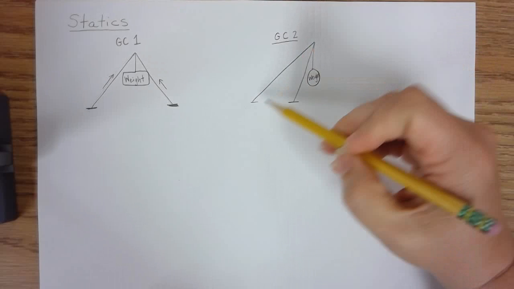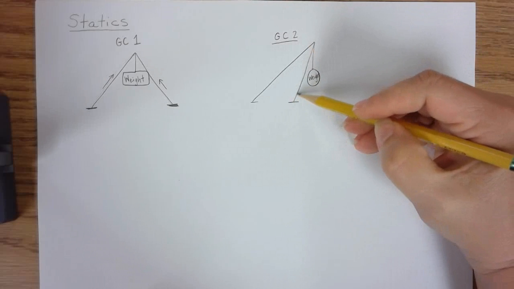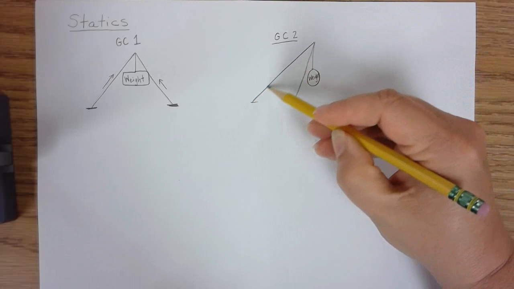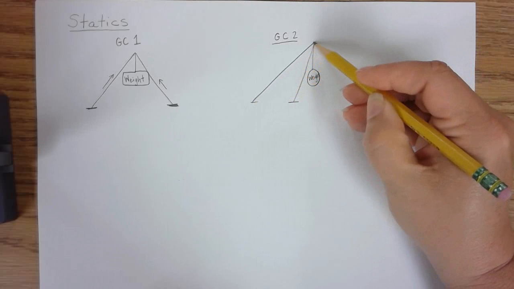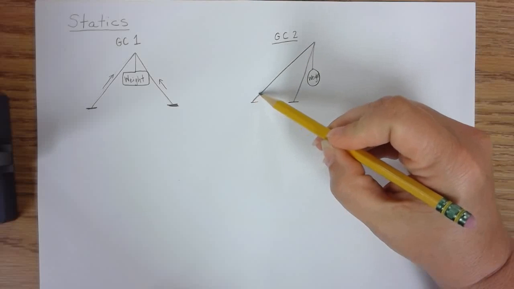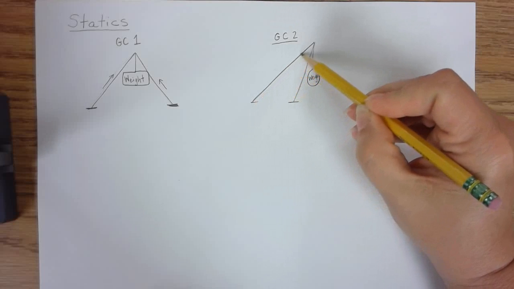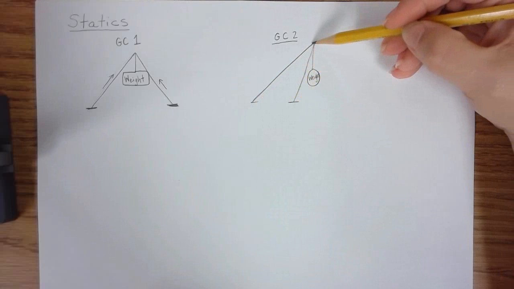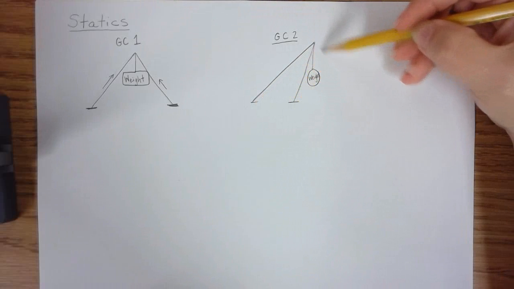Now, when you look at this, you're thinking, what if both of them are supporting in an upward direction? Well, it seems like it's possible, but if you think about it and just picture it in your mind, if this one is supporting in an upward direction, it's going to actually cause this to tip over.